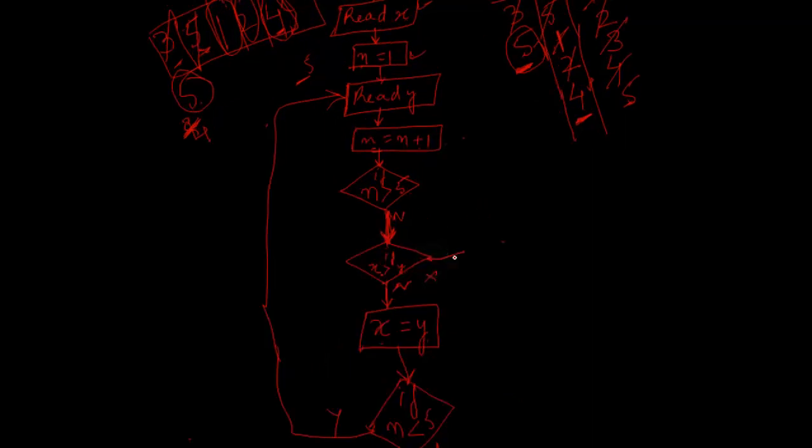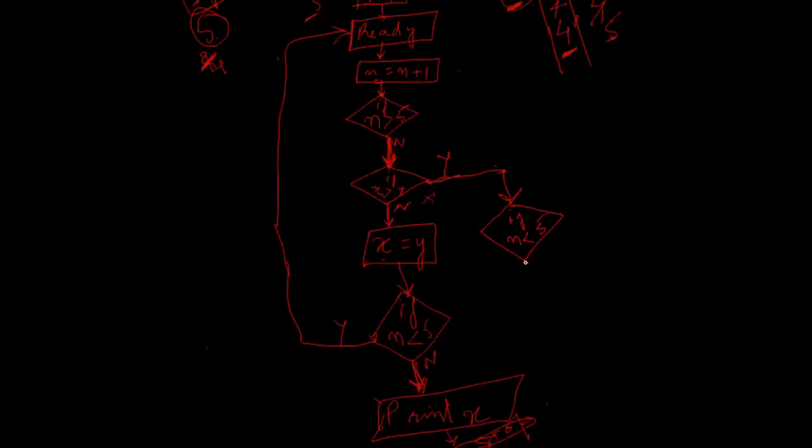Okay, if it was yes, then I have to make it like this. If n is less than 5, no will be from this side. Yes, if it is yes, then I have to go to this part, read y.